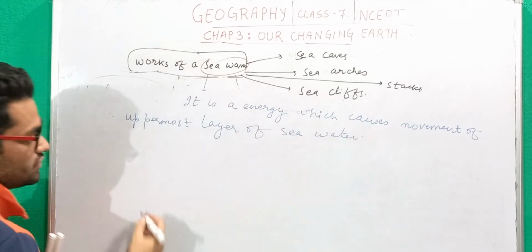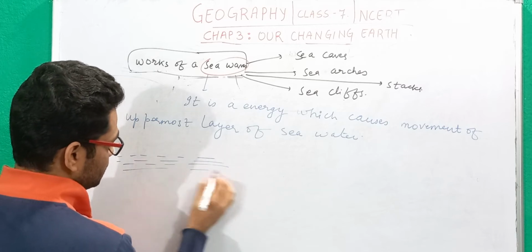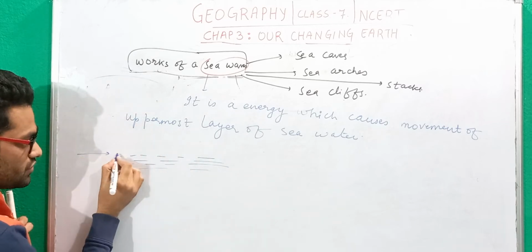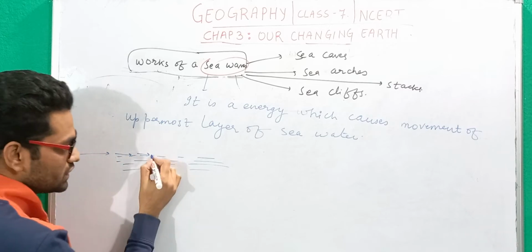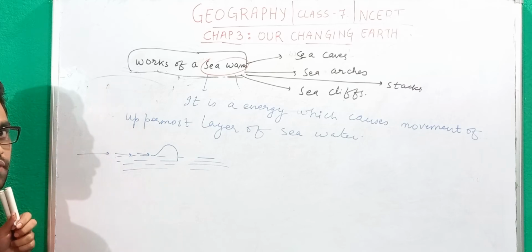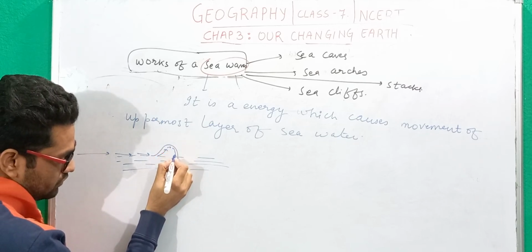Now let's understand it. So suppose this is the uppermost surface of the sea. What happens when wind strikes this surface? This surface water gets elevated to some height. It gets elevated. Now it will fall.